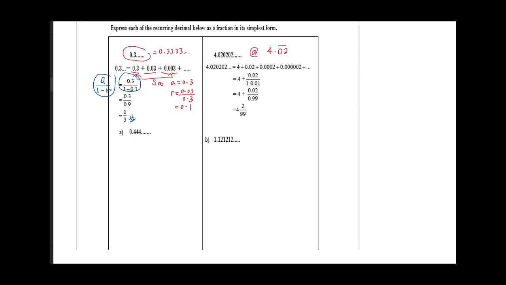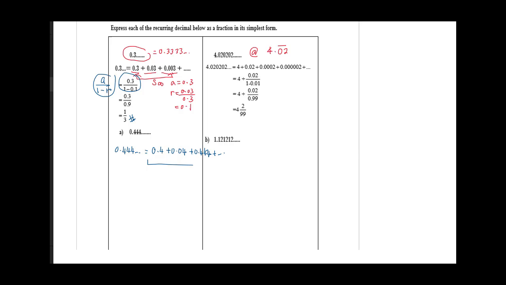Okay, let us give it a try for 0.4444. The same situation. Firstly, we make it 0.444 dot dot dot, taking the first three terms: 0.4, one decimal, two decimal, and three decimal, plus dot dot dot. We still have some more of it.